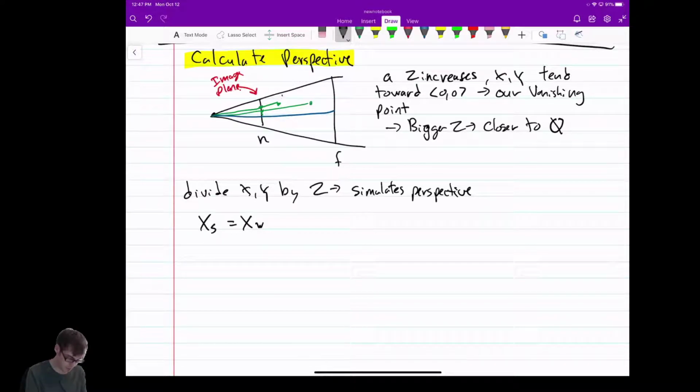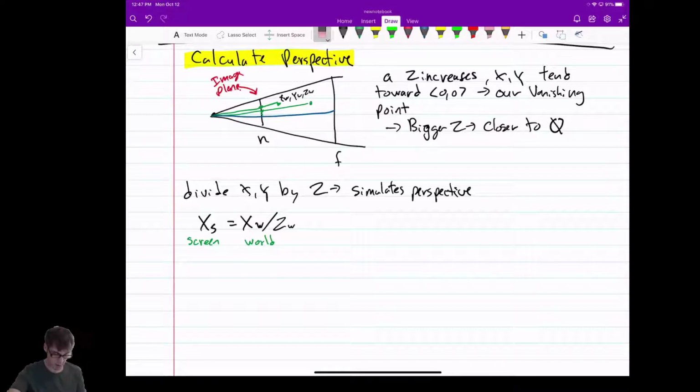So if this point here is x world, y world, z world, then it's going to be my x world divided by my z world. So this is my screen coordinates. This is my world coordinates.